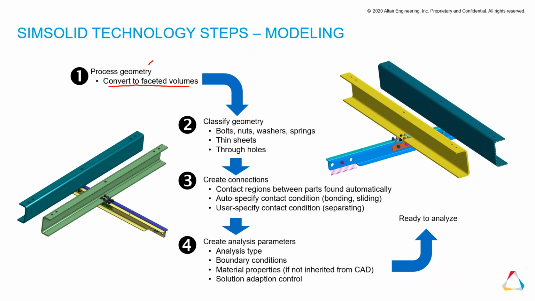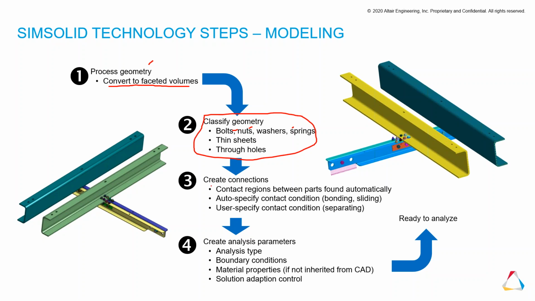It will automatically detect which parts are the bolts, which parts are the nuts, and if you have any springs, it will detect and classify them. If you have thin sheets, they are put in a different category. If you have holes, they are also specified. So classification here is done automatically, right? You don't need to worry about it.